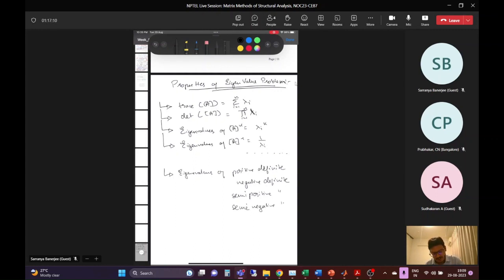Can you guess? I think this would be a very easy guess. This would be positive, this would be negative, this would be 0 comma positive, that is non-negative, and this would be 0 comma negative, that is non-positive. Okay, so these are properties of eigenvalues.